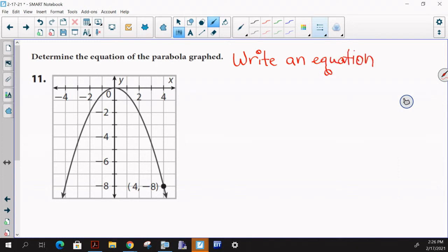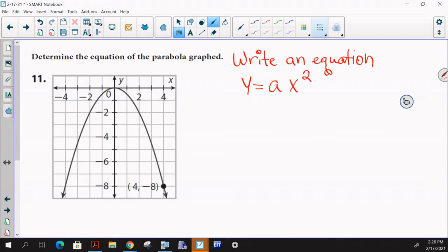Now, just by inspection, I know that this quadratic opens down, so A is going to be negative. Also remember that the parent function is y equals x squared, but this has got to be some change from y equals x squared. So we're going to need to find out what is the coefficient of x squared.